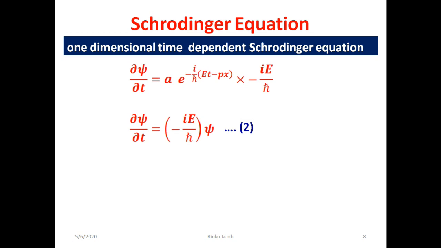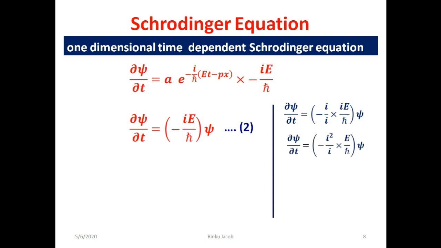That is equation 2. Now multiplying the numerator and denominator of the RHS by the complex number i. That is dou psi by dou t equal to minus i by i into i E by h cross into psi. That is dou psi by dou t equal to minus of i square by i into E by h cross into psi. But i square is negative 1.